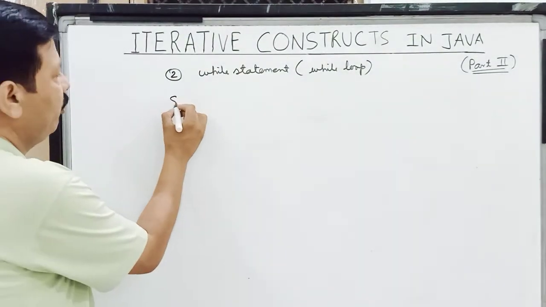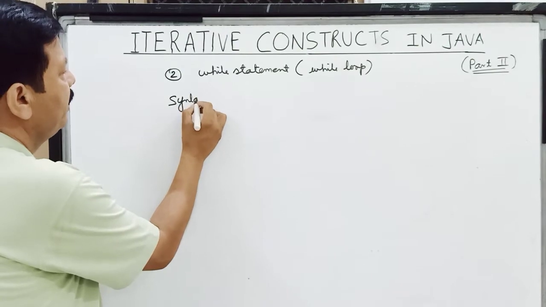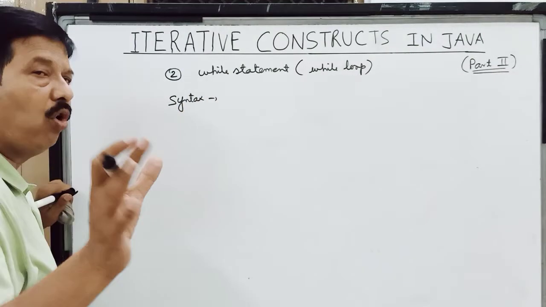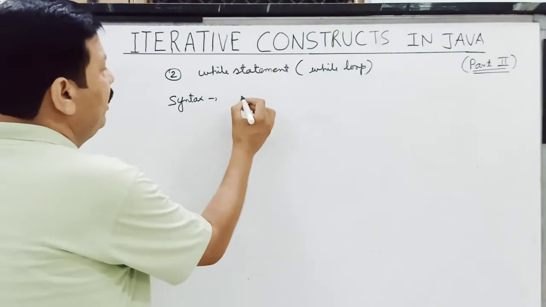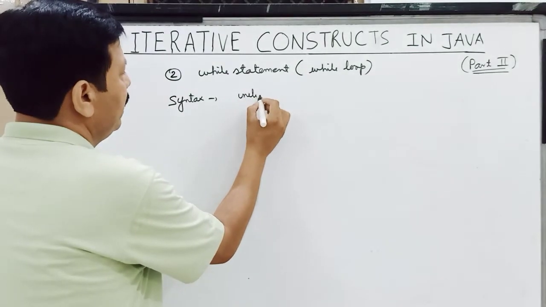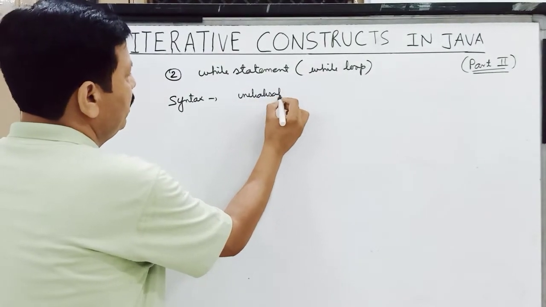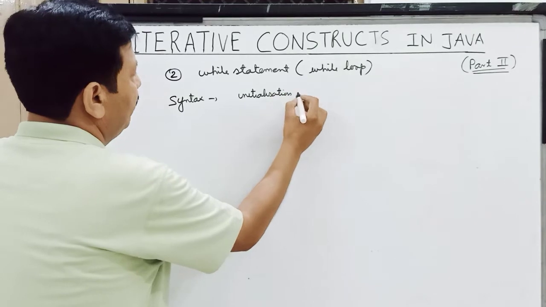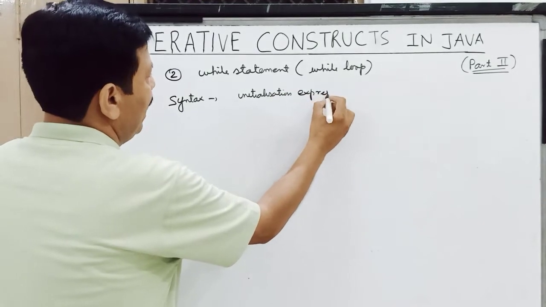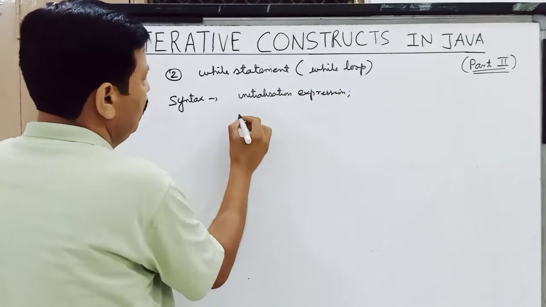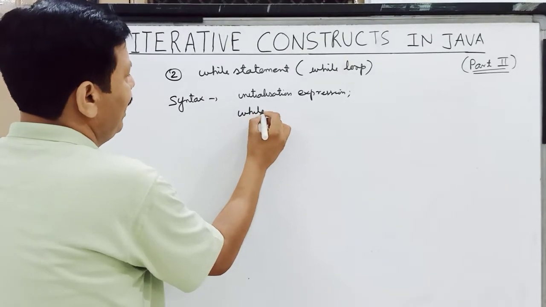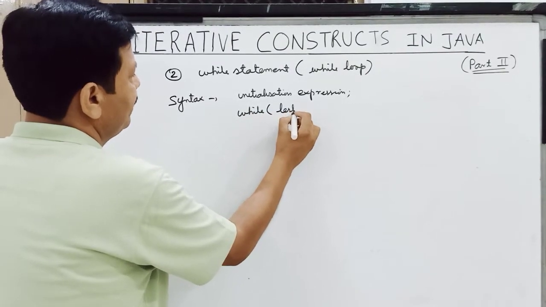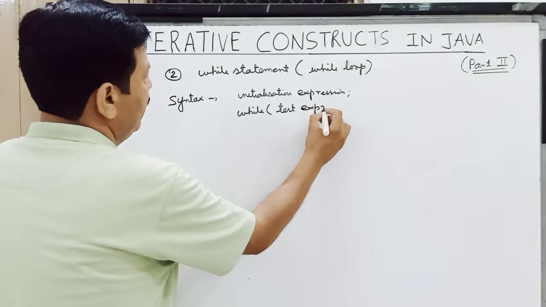Now children, for this also we will follow the syntax, and for the syntax we have all the four basic elements. First of all, we will have the initialization expression, where we initialize the control variable with a value. Then we have the while statement coming, and within the while statement we have the test expression.